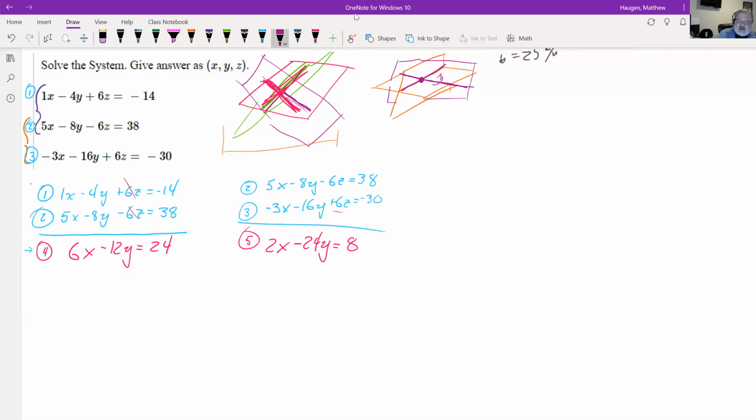Now, before doing that, you don't have to do this step, but hopefully it stands out to you that there's a 6 in each of those terms, right? So I'm going to divide both sides of this equation by 6 to get a smaller relationship. That's just going to be handier to work with. So I'm going to use that as my equation 4 instead. It's the same relationship, just the numbers are smaller.